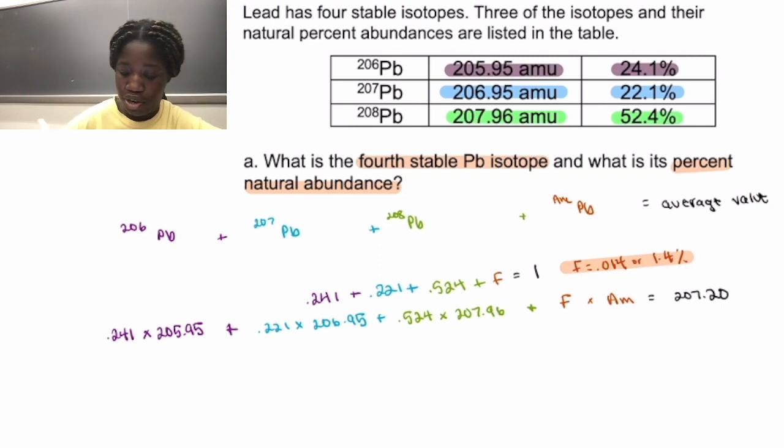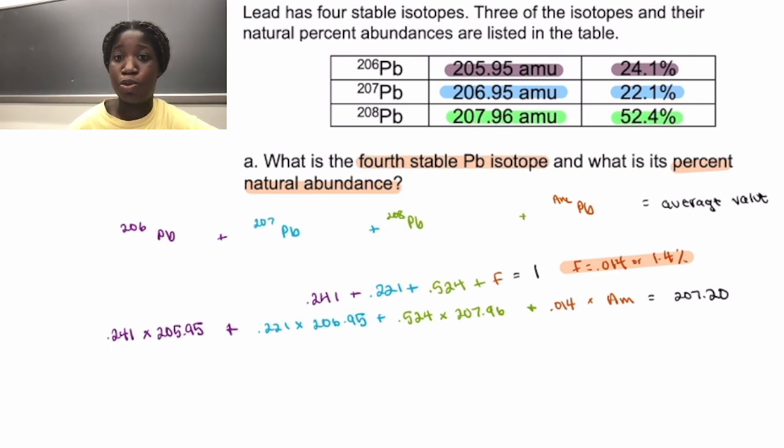So now we know our fraction, so we can substitute it in. So let me substitute in 0.014. And now in this equation, the only unknown is the atomic mass. Therefore, we can solve for it.